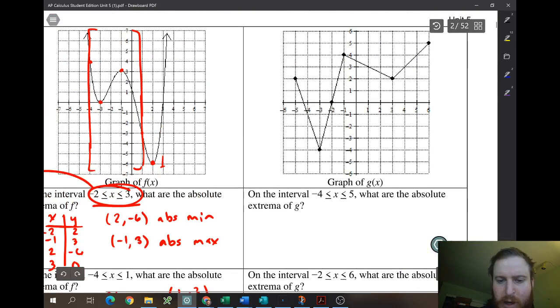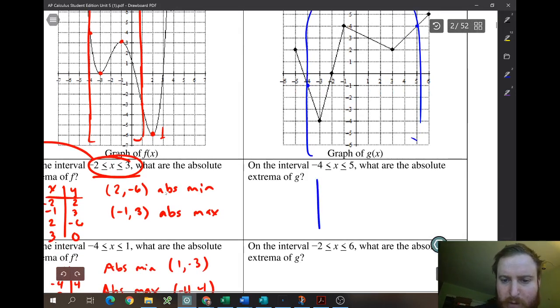On the interval from -4 to 5, we're looking inside there. So for our XY chart, we're going to put in our endpoints, -4 and 5, and then we also need to put in any critical points.